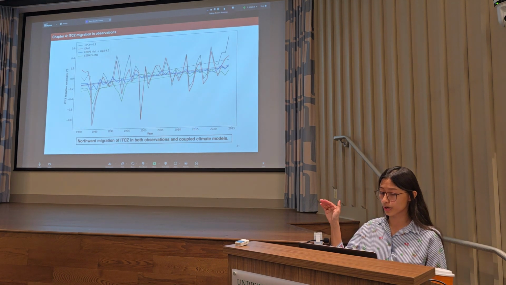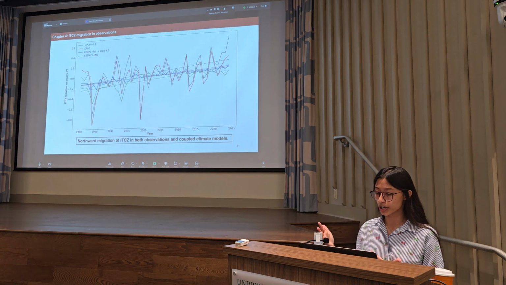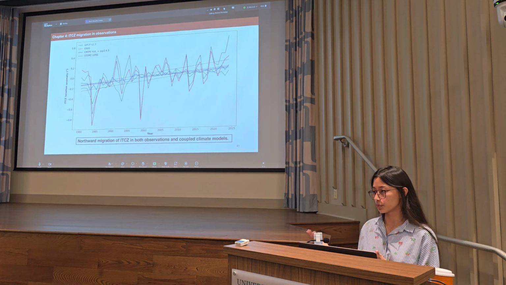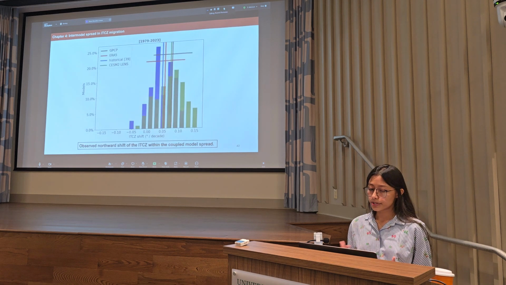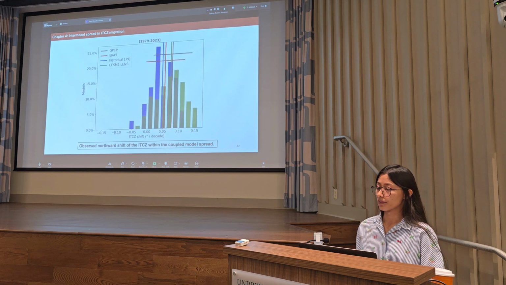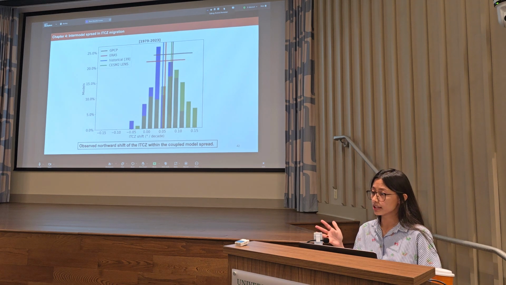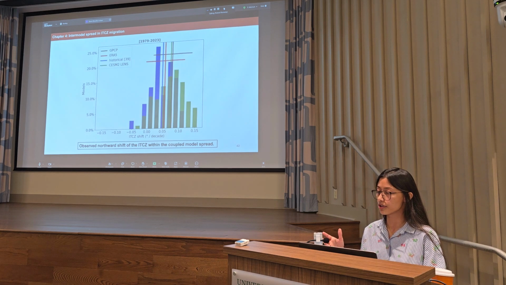But an overall trend shows a northward migration for this 1979 to 2023 period. And this observed northward migration of the ITCZ lies well within the CESM2 large ensemble and also the CMIP6 coupled models, with the large ensemble represented by the green bars and the CMIP6 coupled models represented by the blue bars.